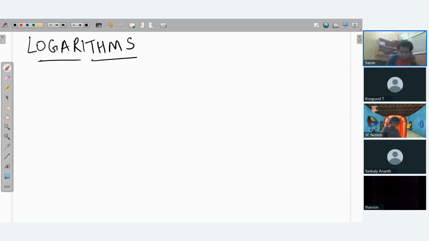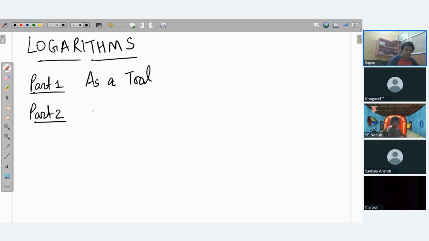So see, logarithm is nothing but a very easy to use tool. Part one is the logarithm as a tool. Part two is basic applications.